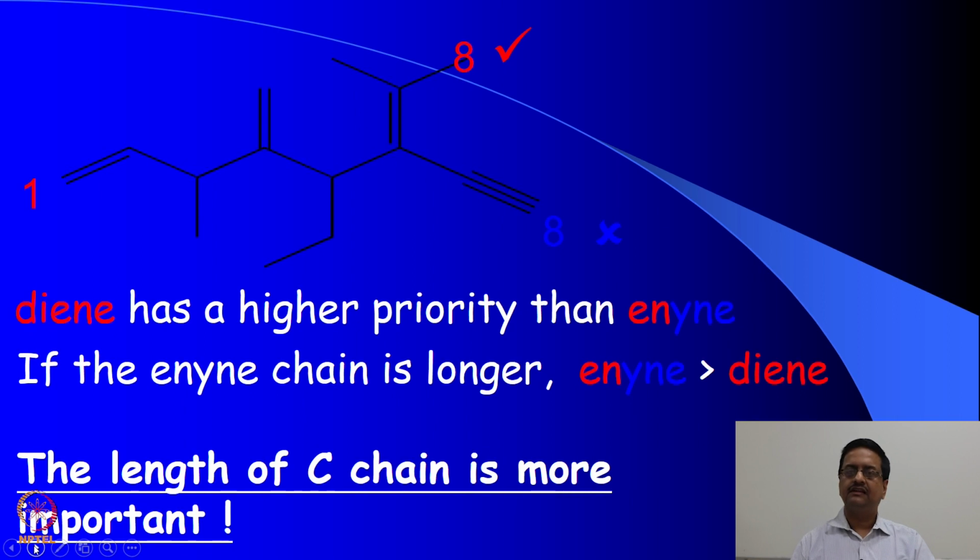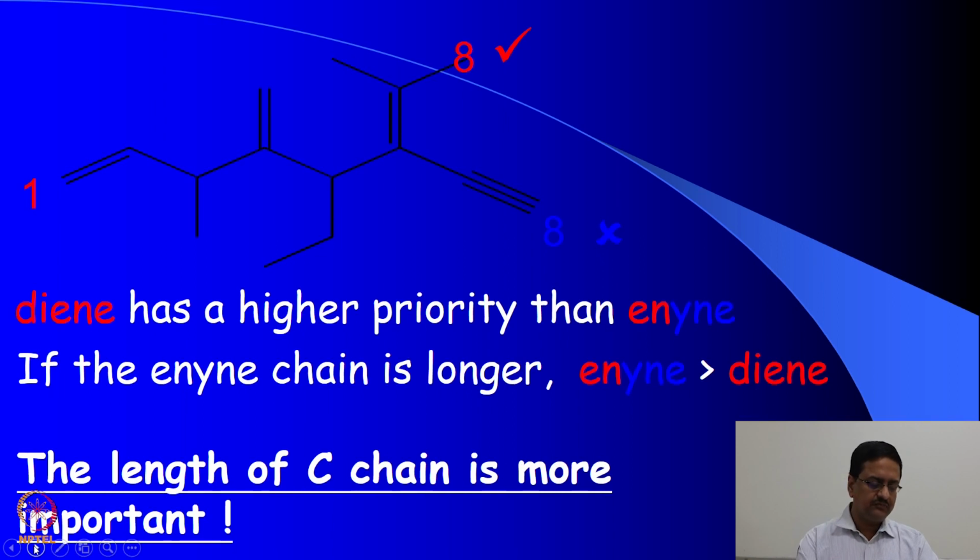Now, we have a slightly difficult molecule. You can see here in this particular molecule we have 3 double bonds and 1 triple bond. There are many different ways one can start numbering it, and from the previous slide we have understood that if we have 'en' and 'yne', we should give priority of 'en' above 'yne'.